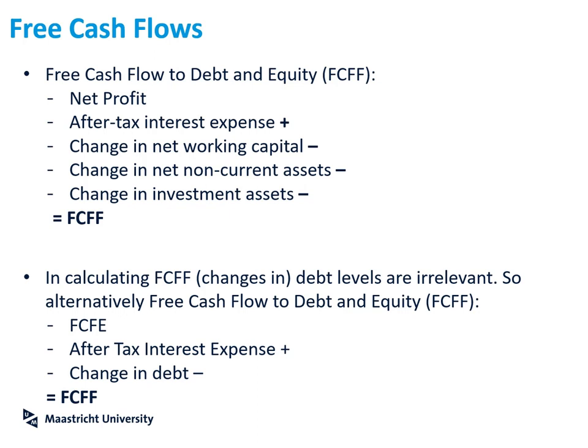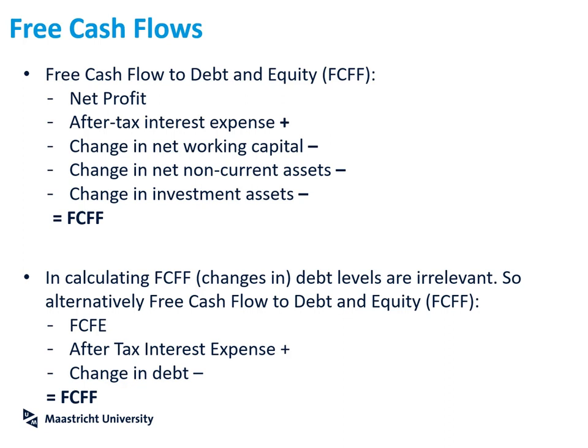This is actually something that we will pay out to debt holders. So instead of starting with net profit, we start with net profit plus the after-tax interest expense. And we then subtract those three investments. And that will tell you the free cash flow to the firm, and that will tell you how much can be paid out to debt holders as well as shareholders.